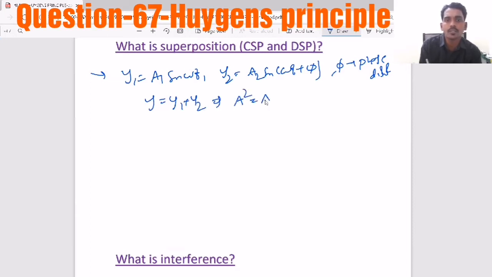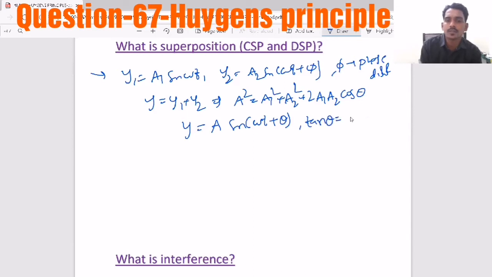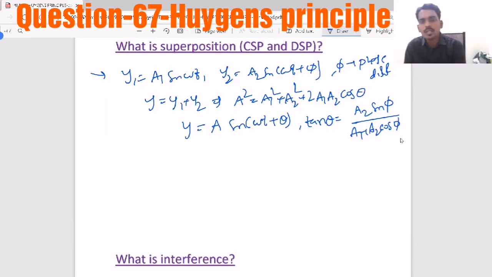The resultant amplitude will become A squared equals a1 squared plus a2 squared plus 2 a1 a2 cos phi, where the resultant wave will be A sin(omega t plus theta) and tan theta is given by a2 sin phi divided by a1 plus a2 cos phi. So this is what superposition means.